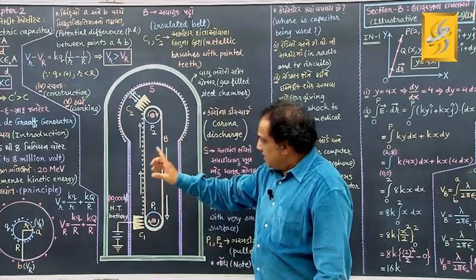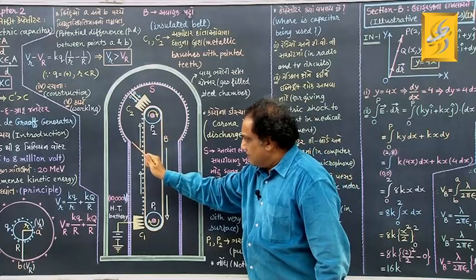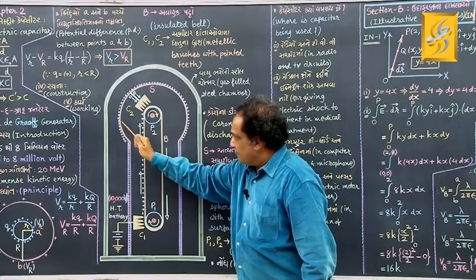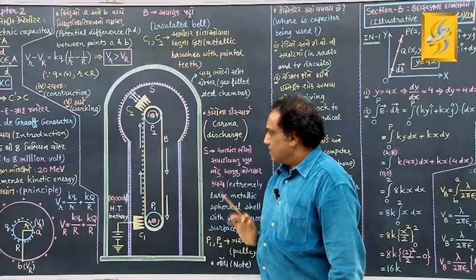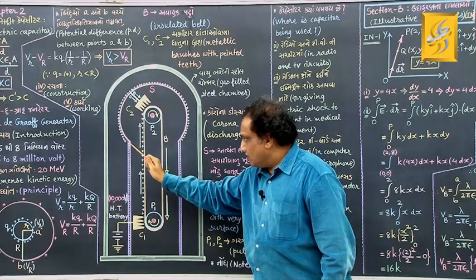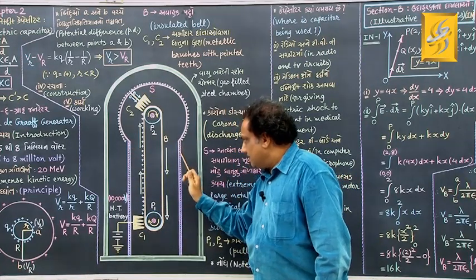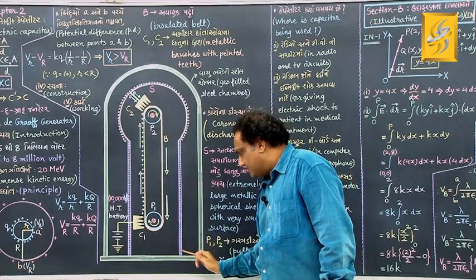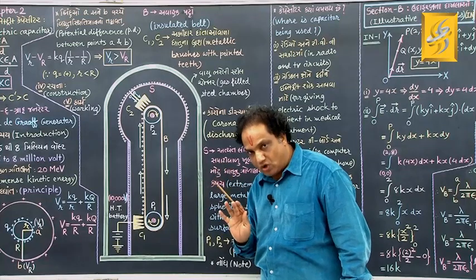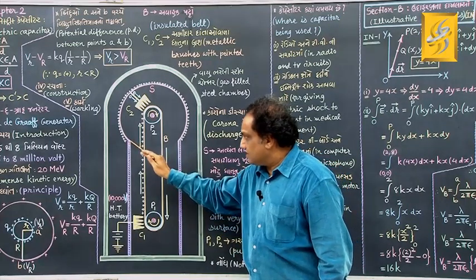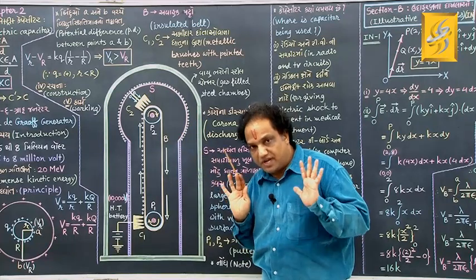Inside this steel chamber, we just install a very big metallic spherical shell. We just mount it on two non-conducting strong pillars. These two are the pillars which are non-conducting, which are very strong, on which this very big metallic spherical shell is mounted.